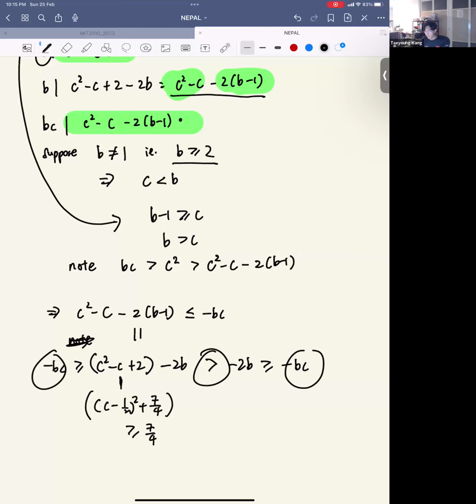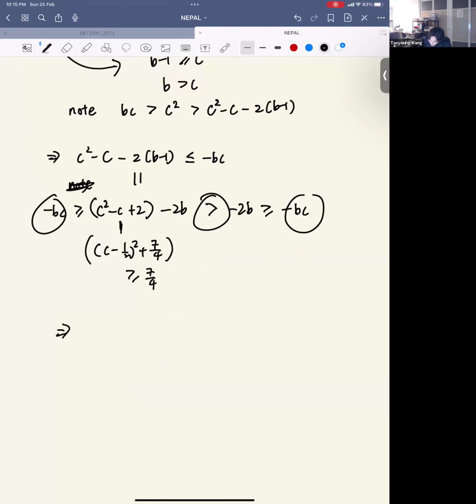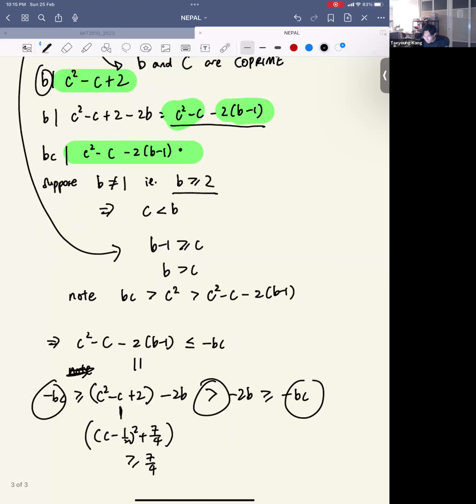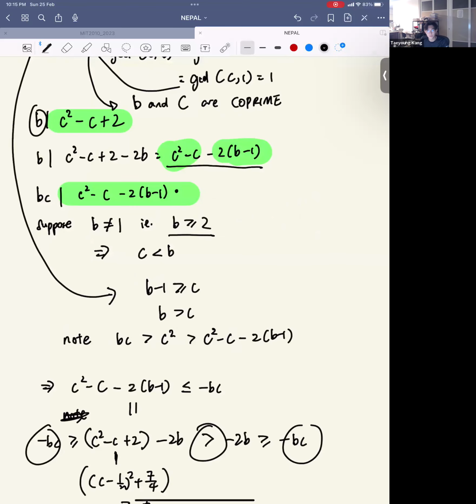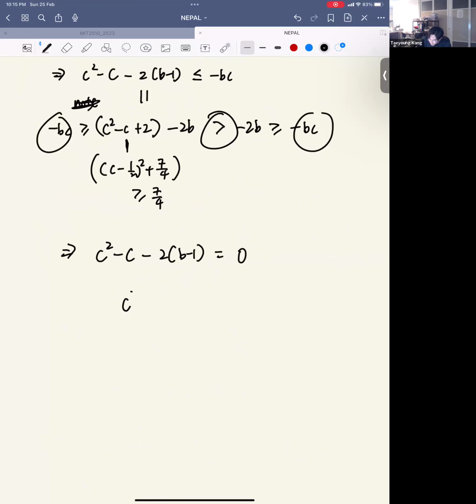So this means that C squared minus C minus 2B minus 1 is equal to 0. Since it cannot be a negative multiple, neither can it be a positive multiple. So it strictly equals 0. So we have C squared minus C plus 2 is equal to 2B.